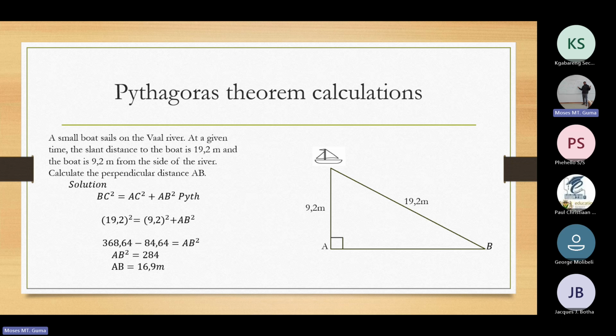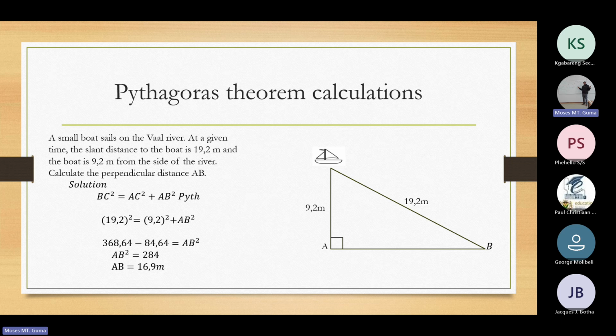The slant distance from there to there is 19,2 meters, sorry. And the boat is 9,2 meters from the side of the river. Here's the side of the river, there's the boat. It is 9,2 meters from the side of the river. Calculate the perpendicular distance.